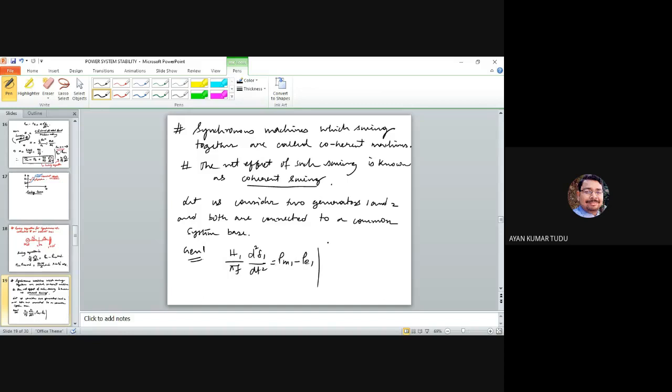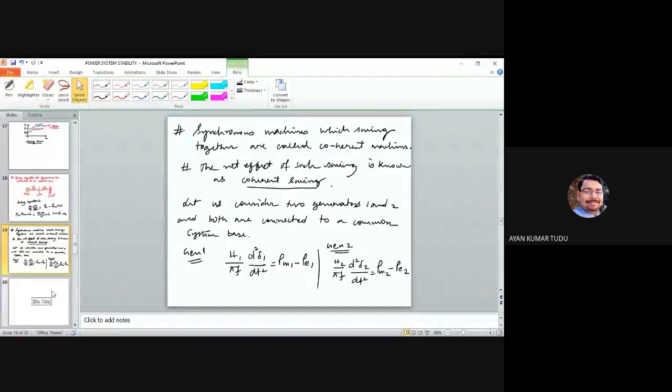And for generator 2, we will have H2 by pi f d2 delta 2 by dt square equal to Pm2 minus Pe2. Now what are we saying? We are saying that they are coherent, meaning they are swinging coherently.